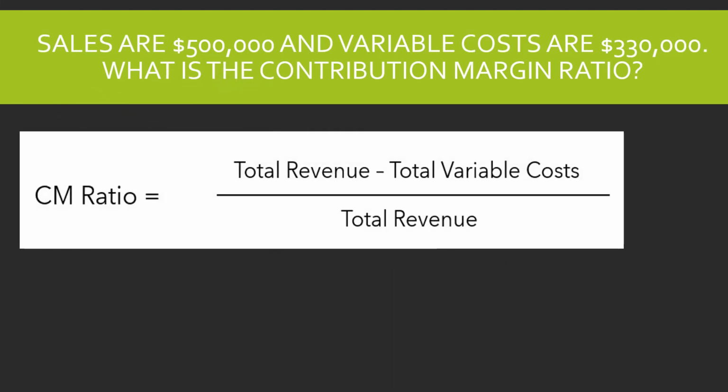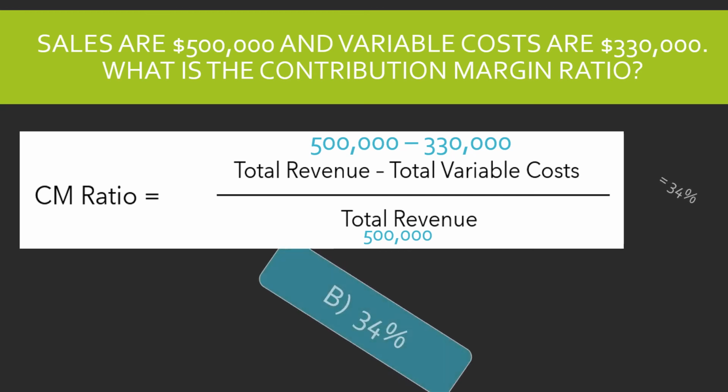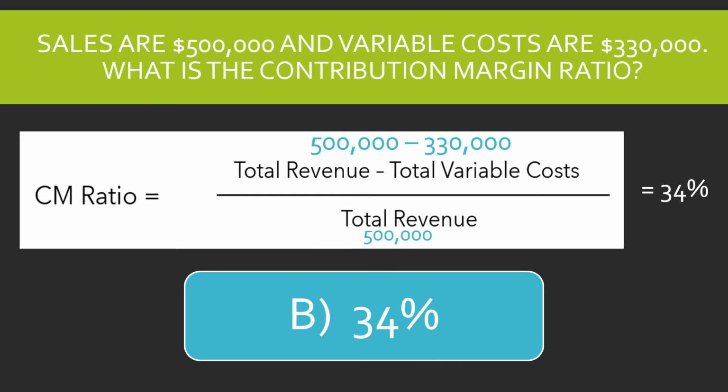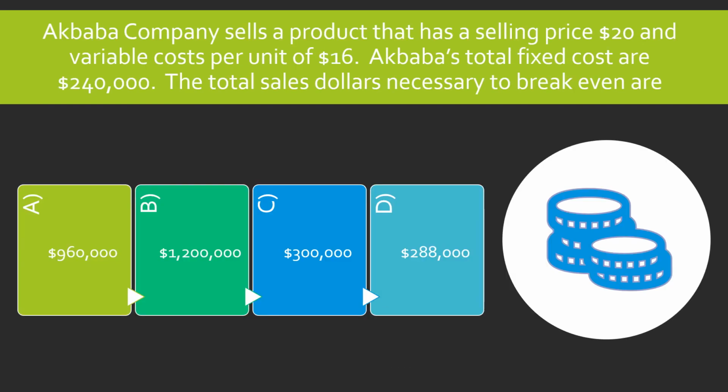I know that total revenue is $500,000. My total variable costs are $330,000, and my total revenue is $500,000. And if I do this math, I'm going to come up with 34%. So if you will, calculate break even here for me, and I will meet you at the next slide.